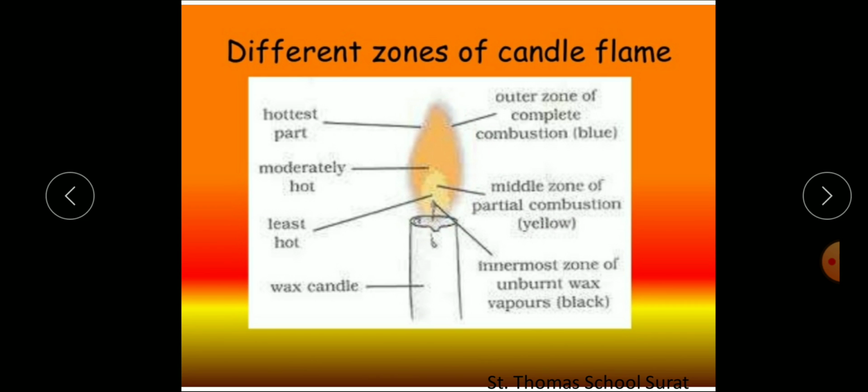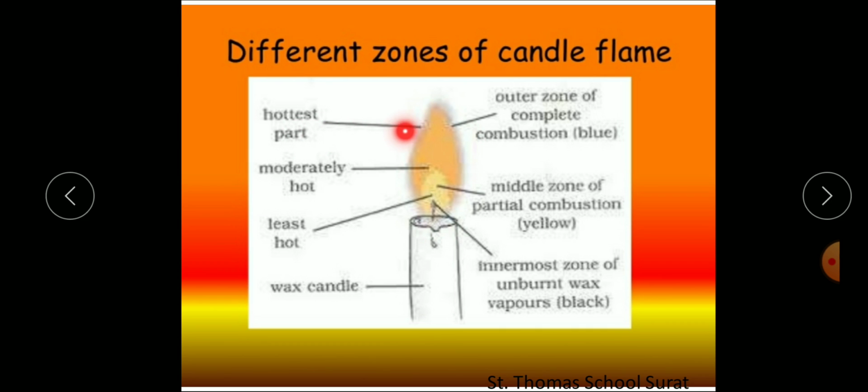Okay, so which part is the hottest part? You can see that the outermost, or outer zone is the hottest part, and the middle zone is moderately hot, and this innermost zone, that is least hot. And this is the candle which is made of wax. Okay, so outermost zone, which is in blue color, this is the hottest part of the flame.